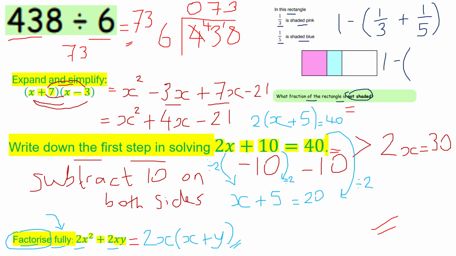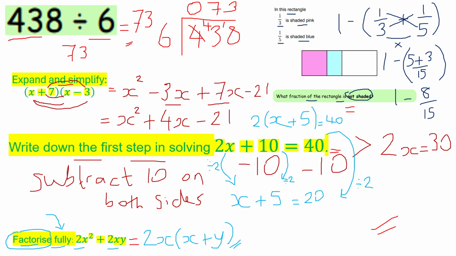Whenever we're adding or subtracting fractions, the key is to have a common denominator. So I'm going to cross multiply here. 1 times 5 is 5, plus 3 times 1 is 3, over the product of our denominators, so we multiply the numbers and get 15. So we get 1 minus 8/15.